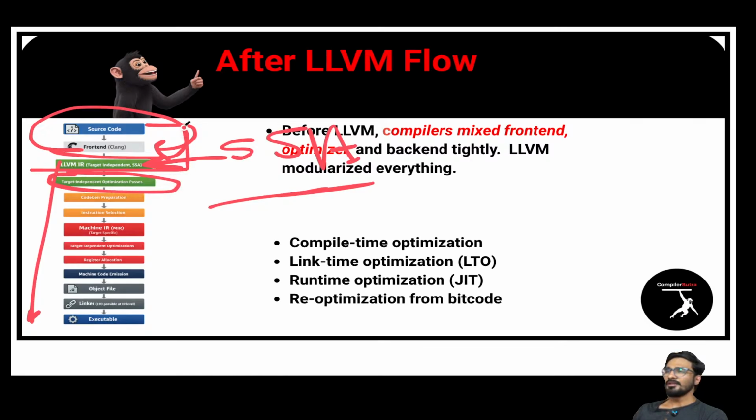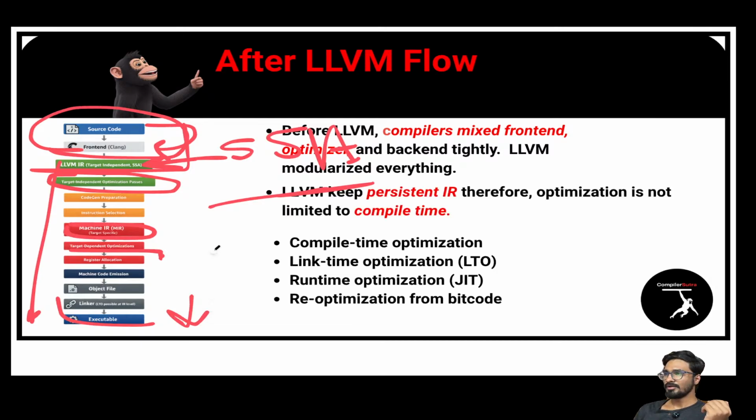So from here, the middle end starts executing. Then we will have code generation preparation, then instruction selection, and after that, machine intermediate representation will be generated. Once we have the IR, target dependent optimization will run. In this target dependent stage, we will have register allocation and machine code generation. Once we have that, we have an object file, then the linker, and then we have an executable. So this is the complete flow.